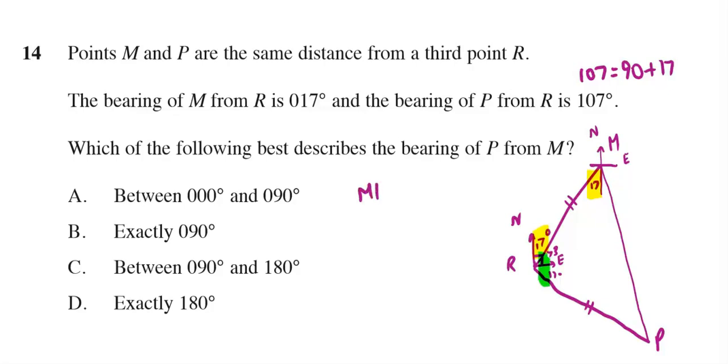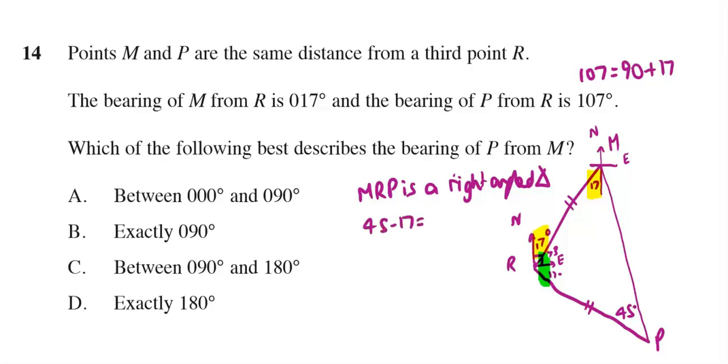So MRP is a right-angled triangle. That tells me that the two base angles, which are equal in a right-angled triangle, must be 45 degrees. So this one is 45 degrees and the other one is 45 degrees.